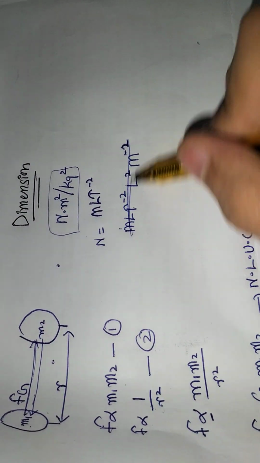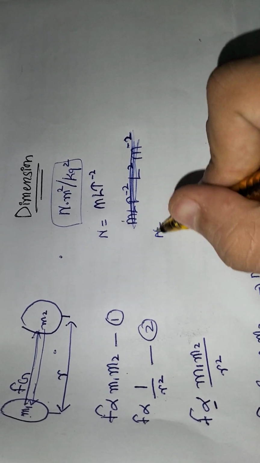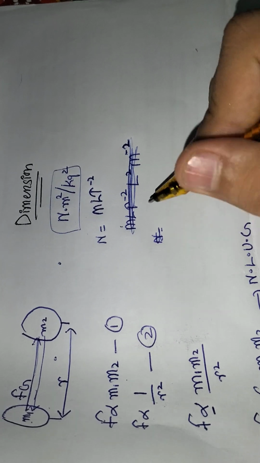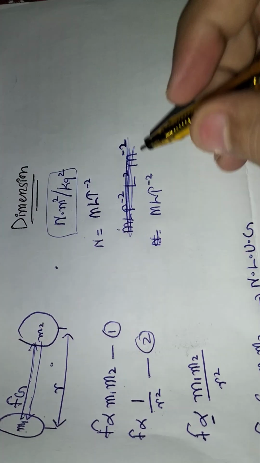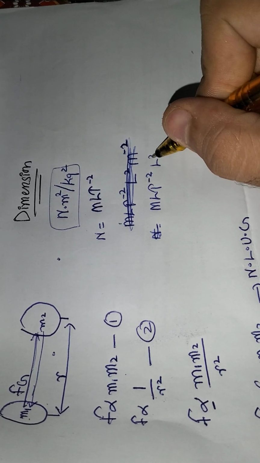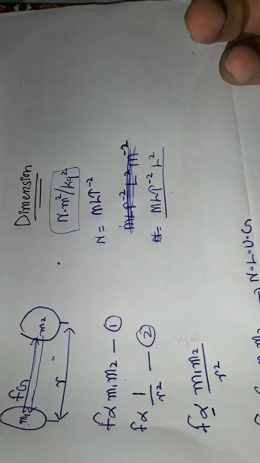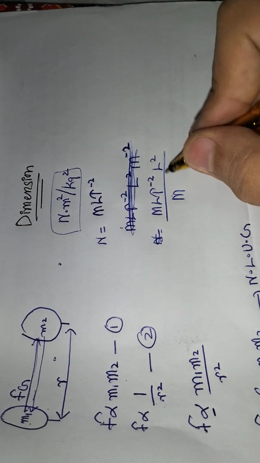There is a mistake, so let me find it again. We know the dimension for Newton is M L T minus 2. So M L T minus 2, at the place of meter square we write L square, upon the place of kilogram we write M square.